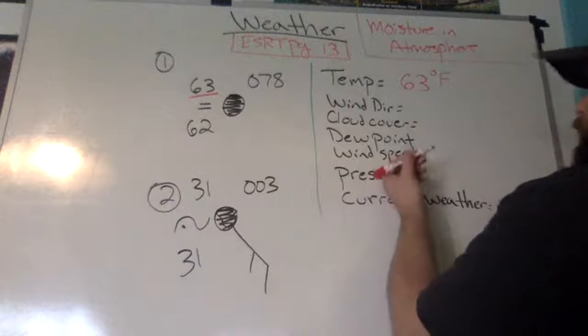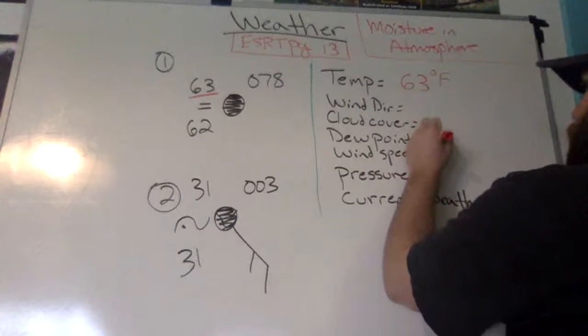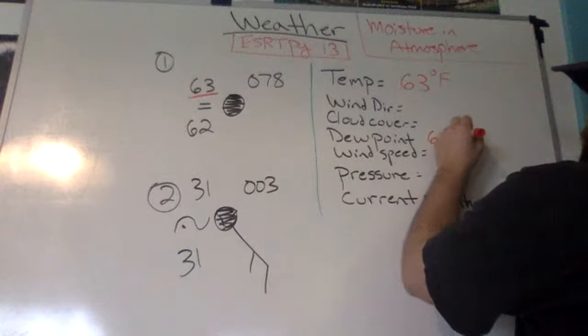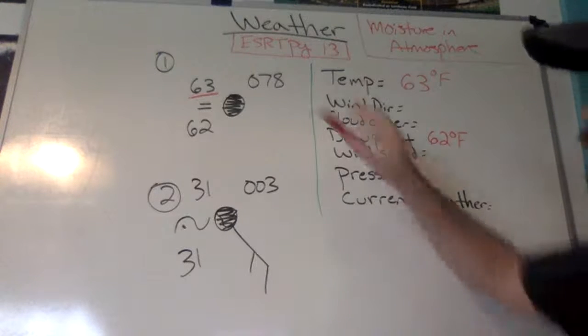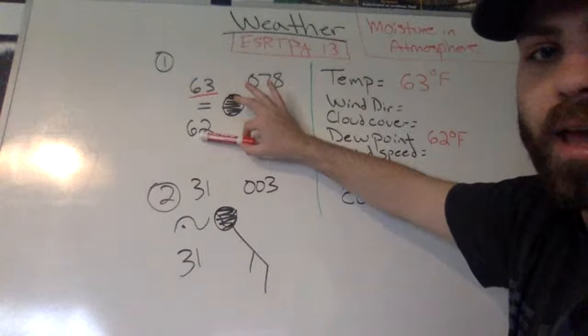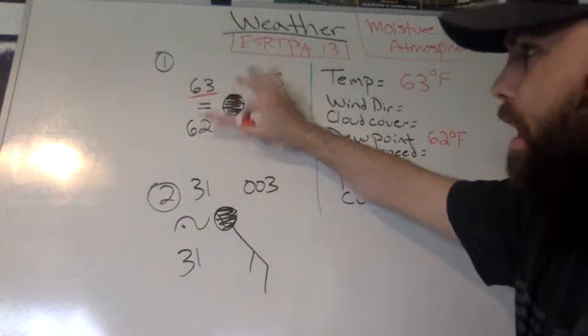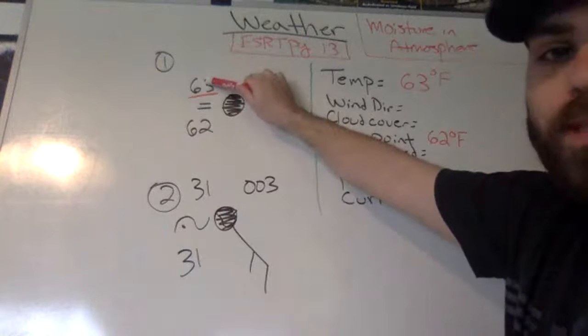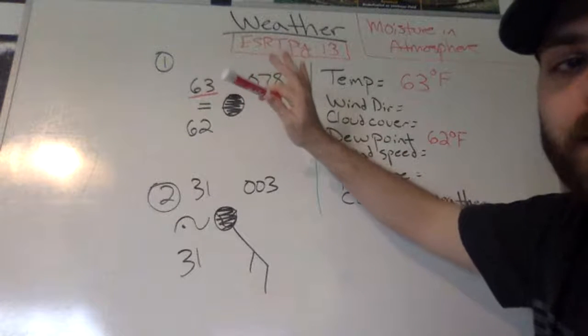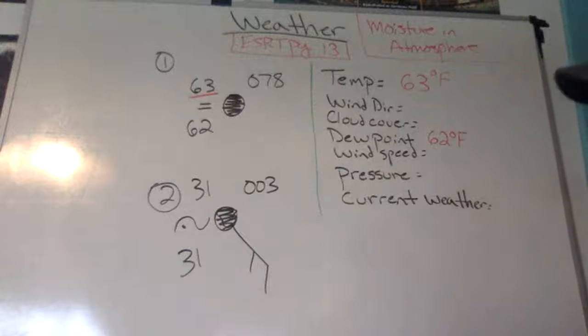So for dew point, I'm going to put 62 degrees Fahrenheit. So far, those are the two things we got off of this: our top left and our bottom left numbers. They are always in the same spot. This is always dew point, and this is always temperature. They're both always in Fahrenheit.